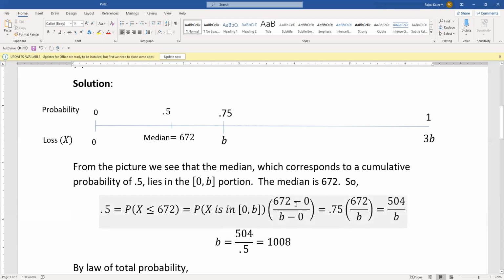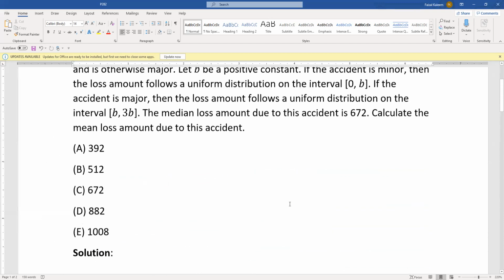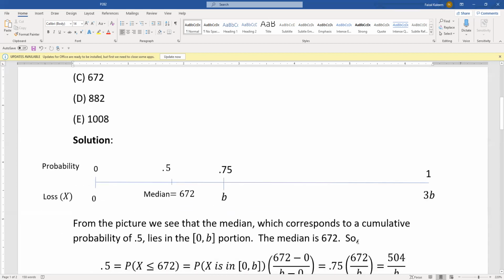Now we have to find the expected value of the loss, because mean loss means expected value of the loss.